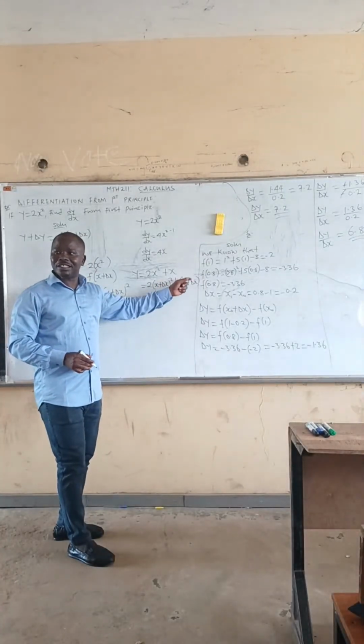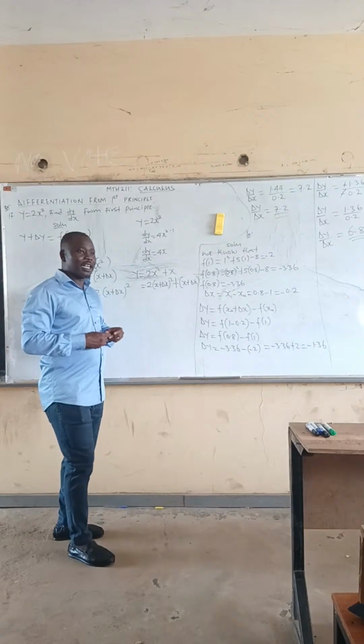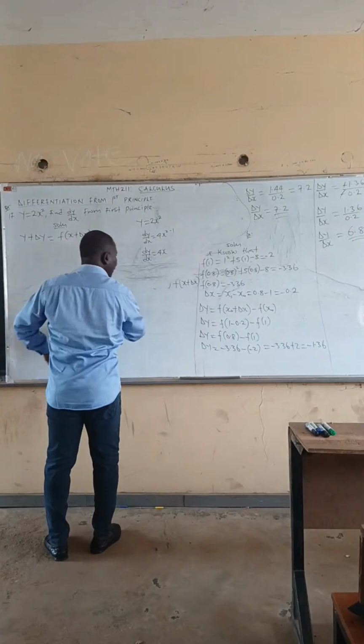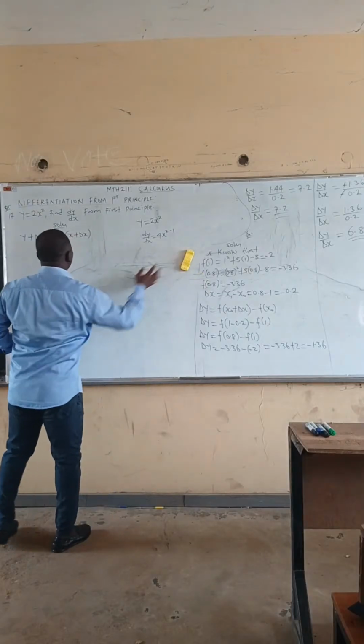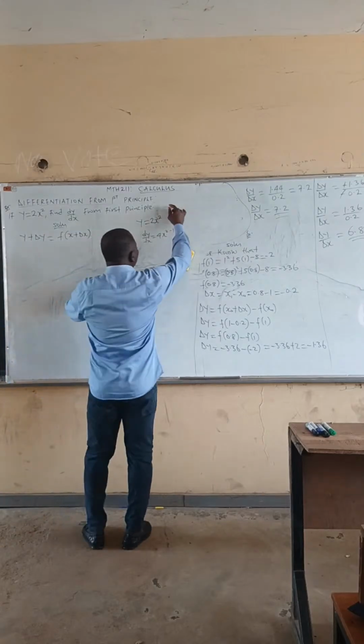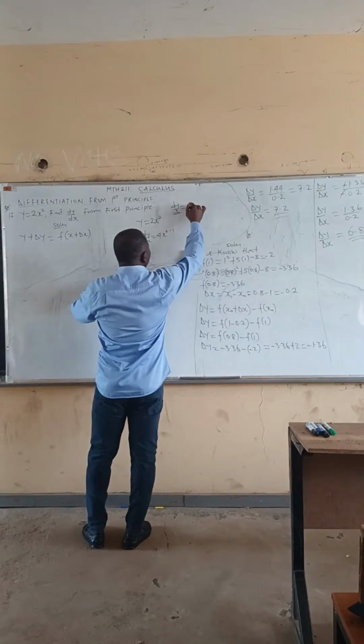So we have to take note of this. And if you understand this logic, you are done. Amen? So let us proceed. It means our answer is supposed to be dy all over dx. dy all over dx is supposed to be what? 4x, right?